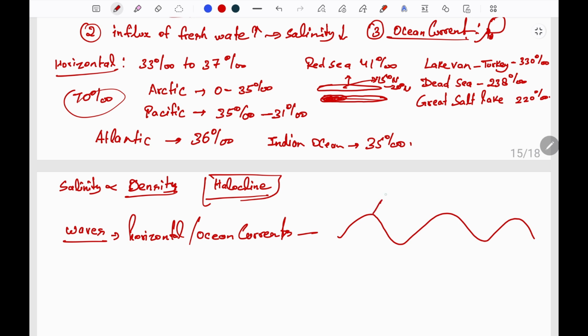This upper region is known as the crest. This is the trough. And this distance is known as the wave height, and wave amplitude is half of the wave height.